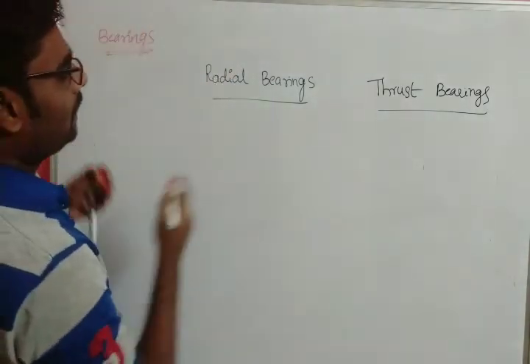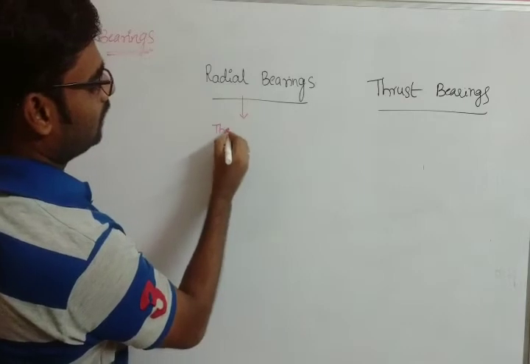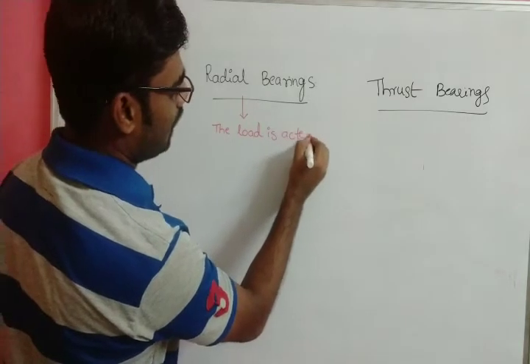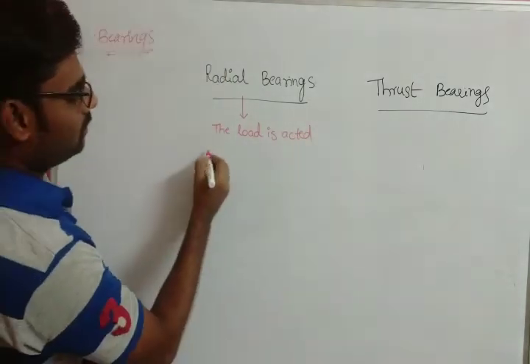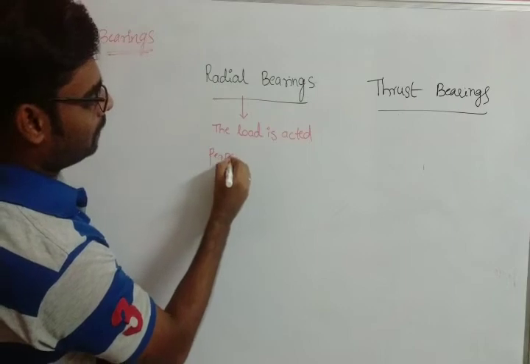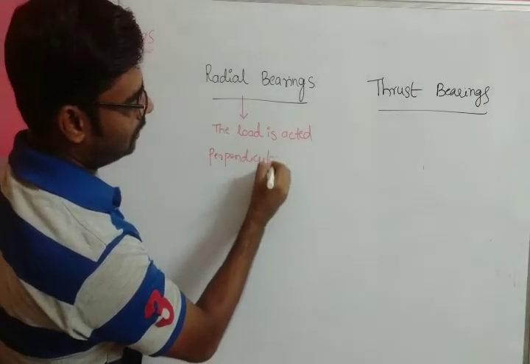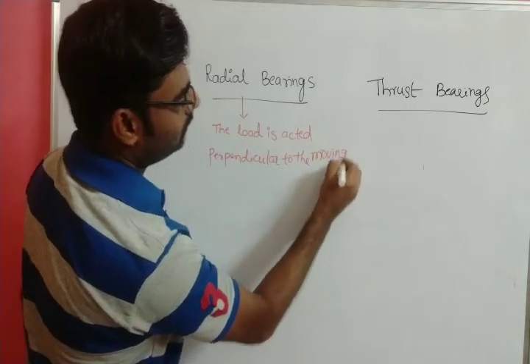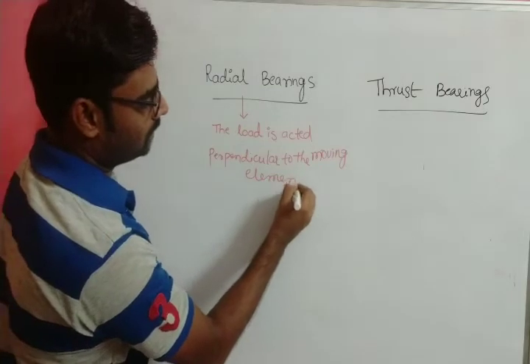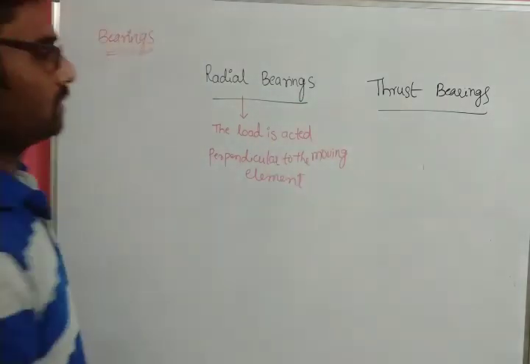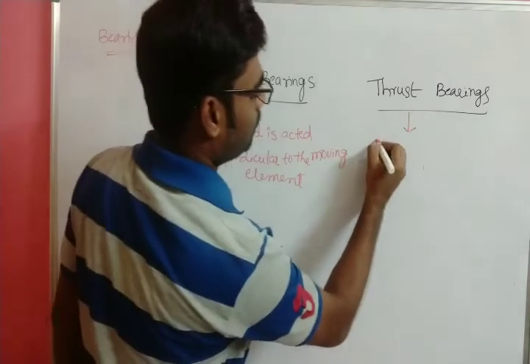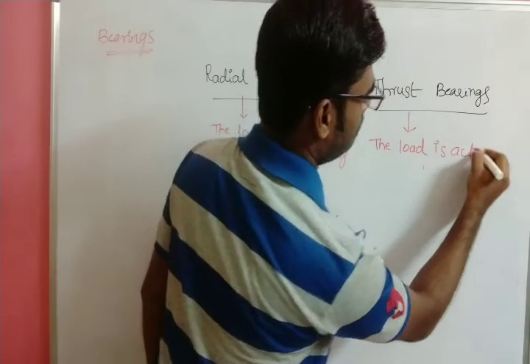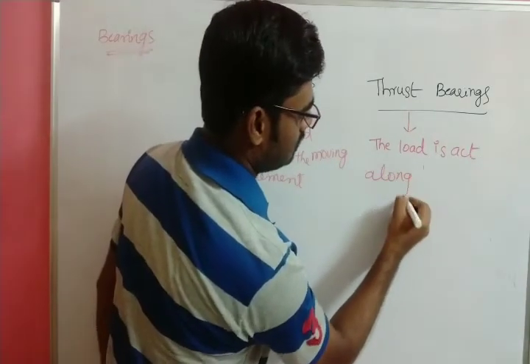In radial bearings, the load acts perpendicular to the moving element. In thrust bearings, the load acts along the axis.